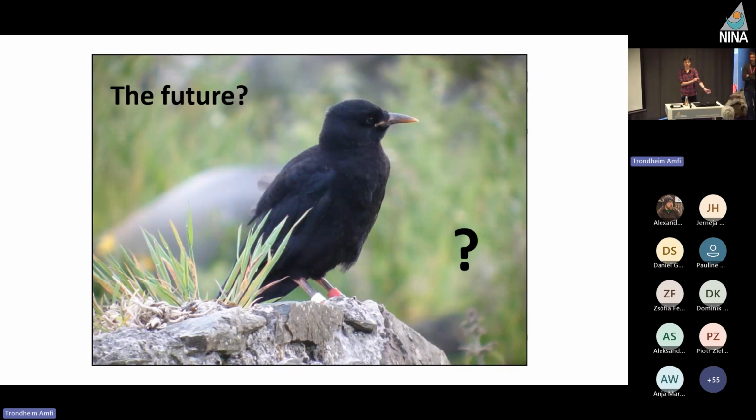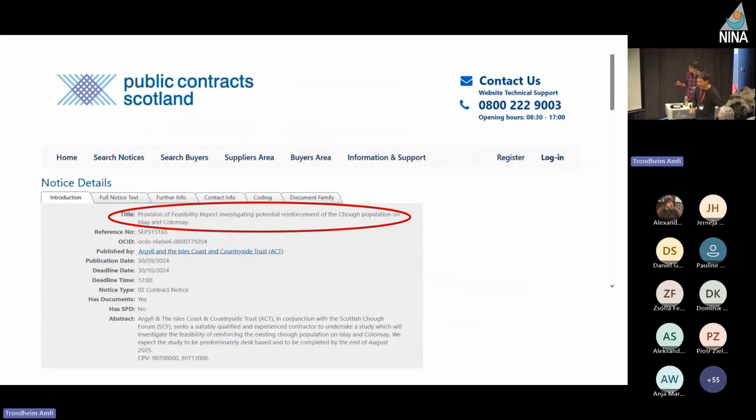Yeah. So the process for doing that was put out to tender by the Scottish Government. So it was done so that it was independent of all of the researchers and stakeholders in the chough system. And the contract was won by John Ewan's group at ZSL, who you might know.